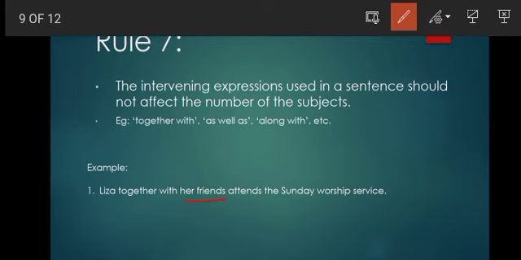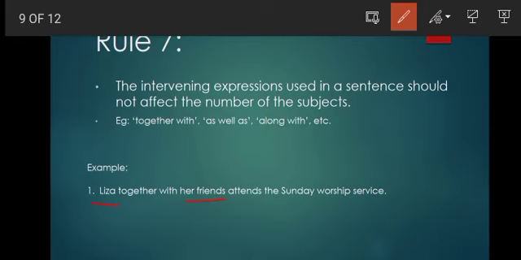So in order for us to know if we constructed our sentence correctly, we must find the subject first. The subject is Lisa, right?